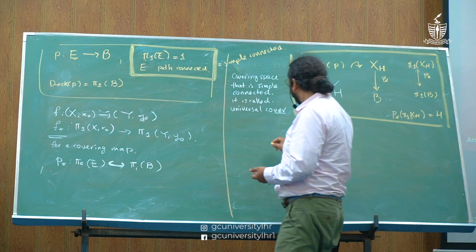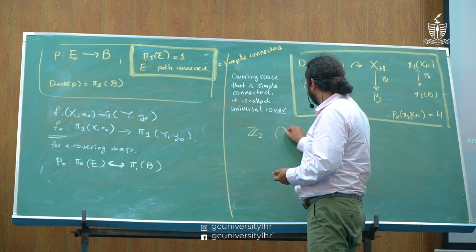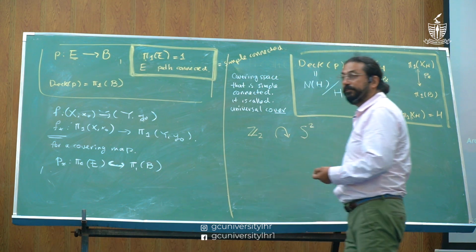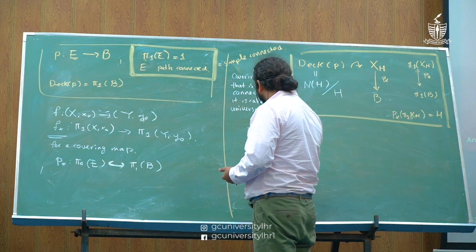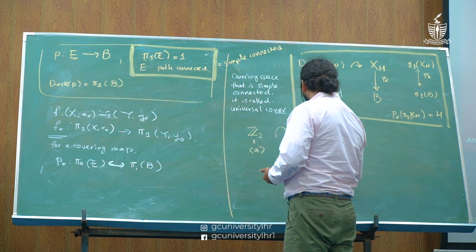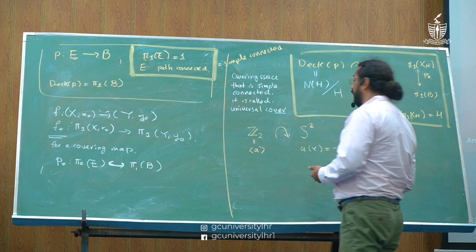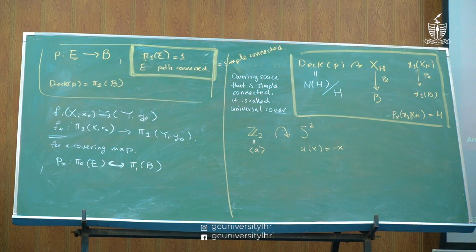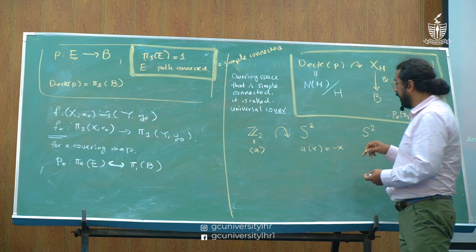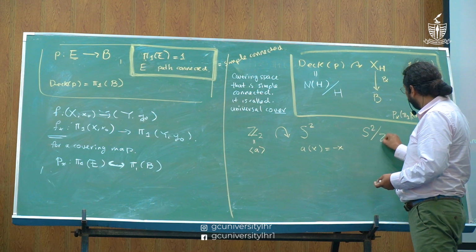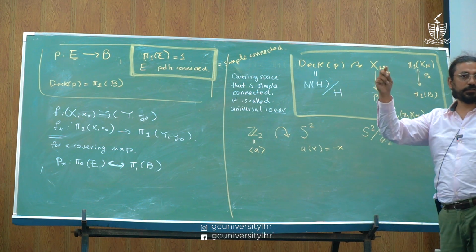For example, if you take the action of Z/2 on the sphere, generated by A, meaning the map that takes x into its negative, the antipodal, then you can take the space of orbits of this map, as it will be identified by the antipodals.